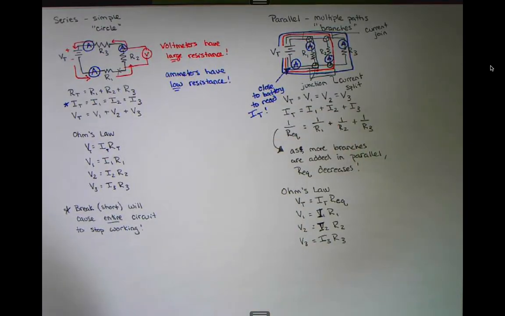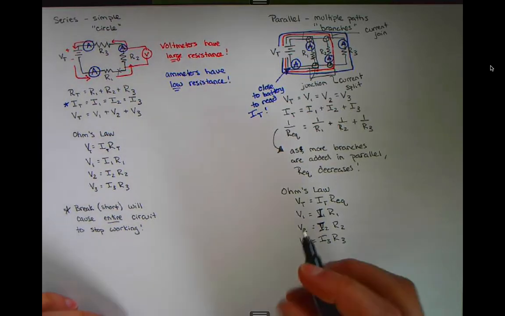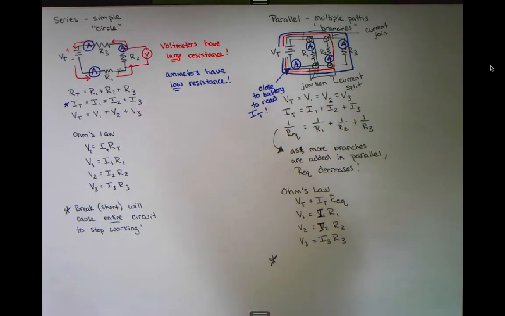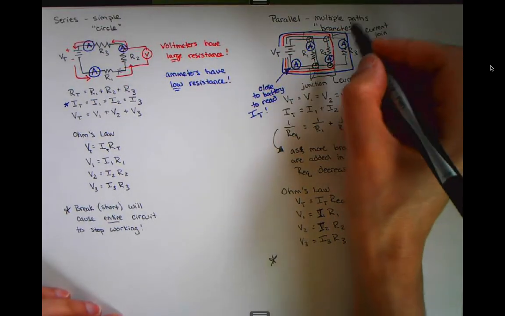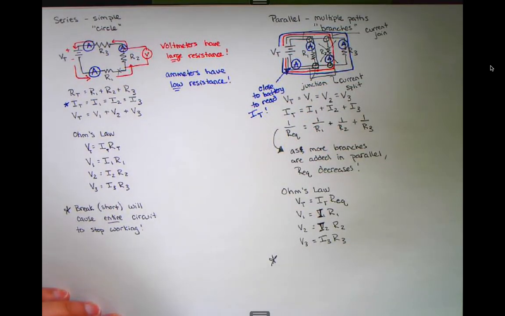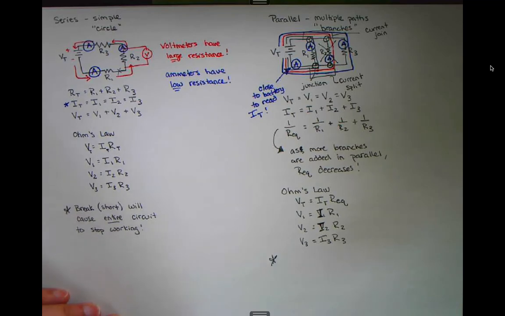Okay. The other thing with a parallel circuit is when you have a break or a short, right, in one of the branches, so let's just say R2 stops working for some reason, right? So if you look at that diagram, the path that the red current decided to travel is not going to work. So the red current will find somewhere else to go, right?